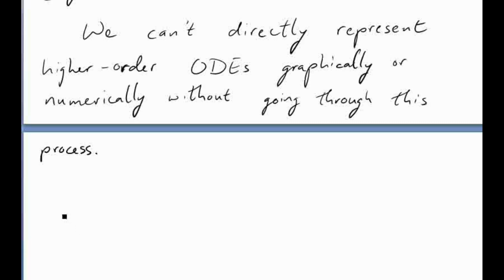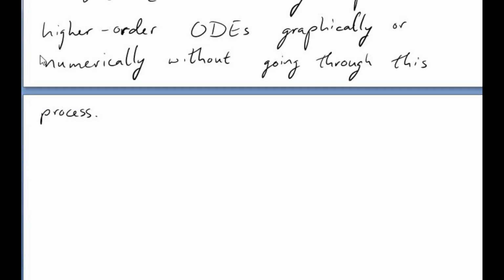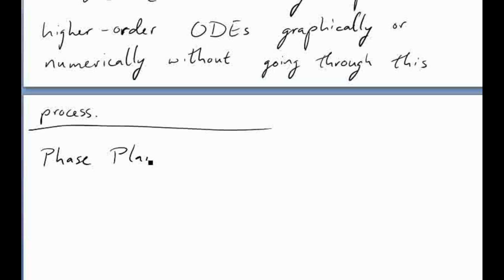Now, systems, on the other hand, can be represented in that manner. The way we can represent systems is through what is called the phase plane. This is a graphical representation of the dependent variables with respect to one another.